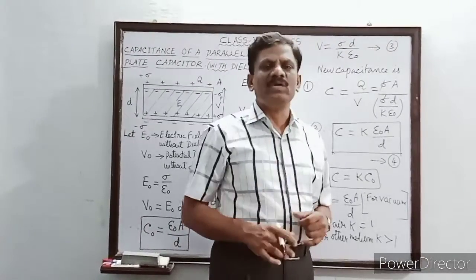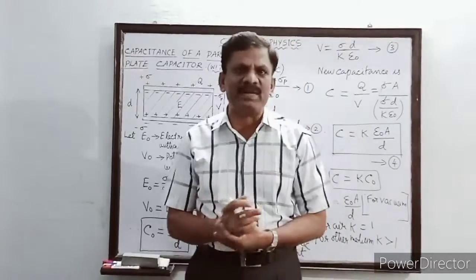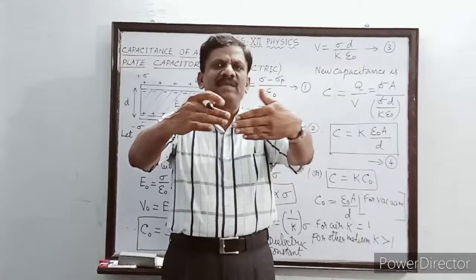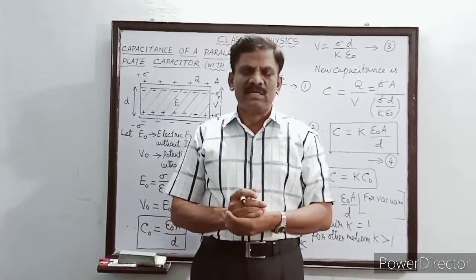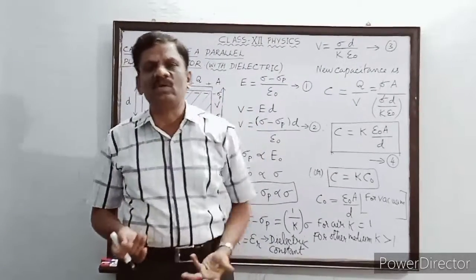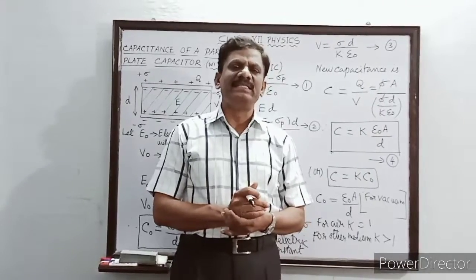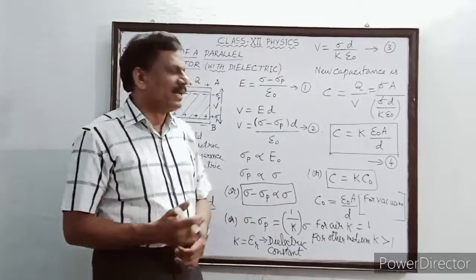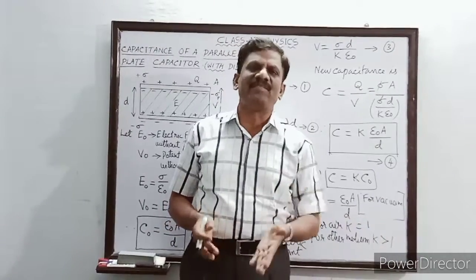Already I told you that the capacitance is directly proportional to the area of the plates. If a large area is there, more charge can be stored. Similarly, if the distance between the two plates is reduced, then also more charge can be stored and the capacity will increase. Similarly, by introducing a dielectric also we have found that the capacitance of a capacitor will be increased.